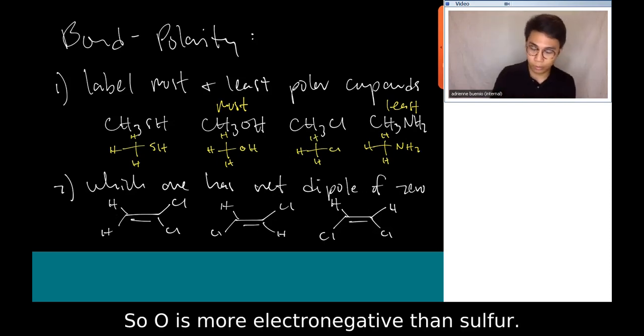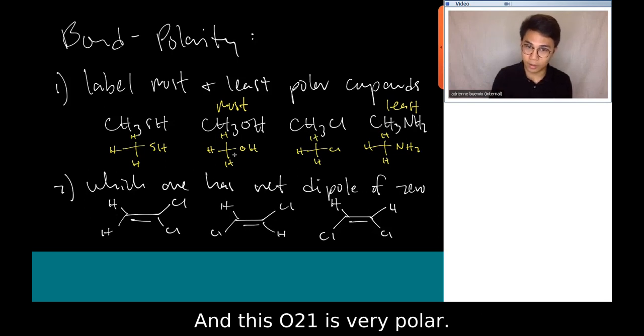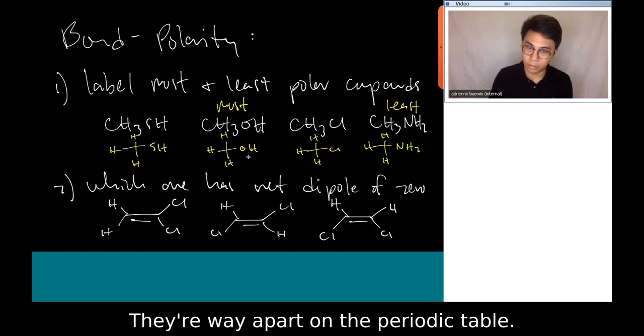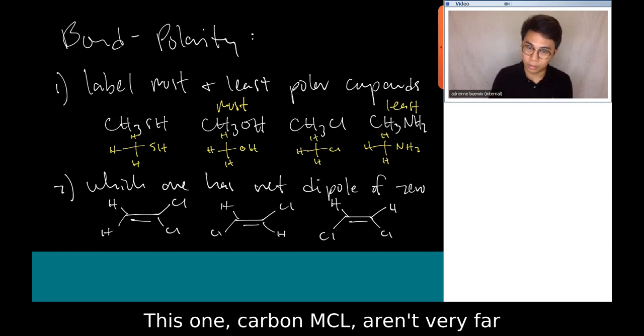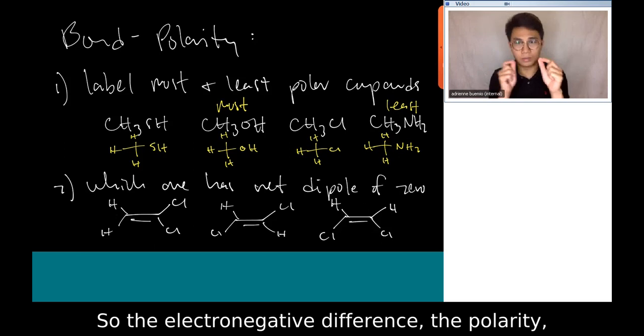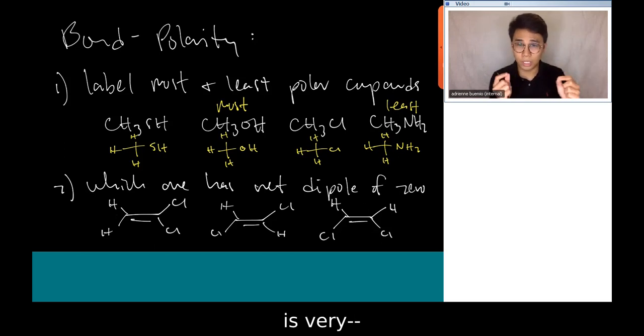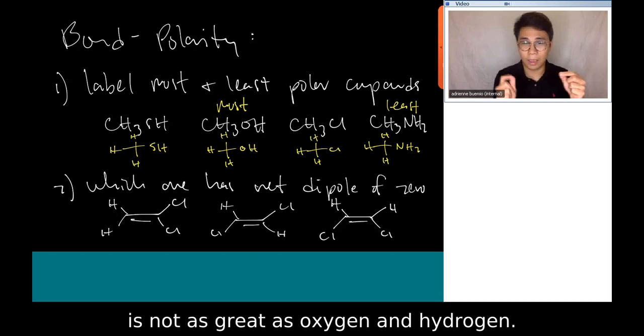O is more electronegative than sulfur, right? And this OH bond is very polar, right? They're way apart on the periodic table. This one, carbon and Cl aren't very far apart in the periodic table, so the electronegativity difference, the polarity, is not as great as oxygen and hydrogen, right?